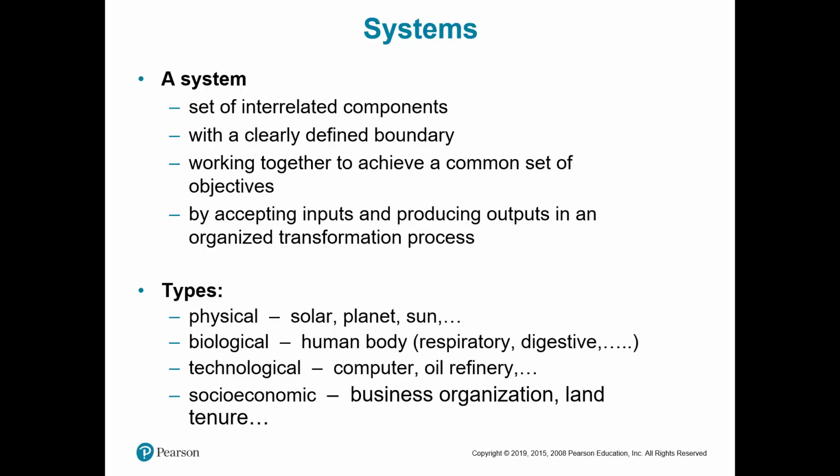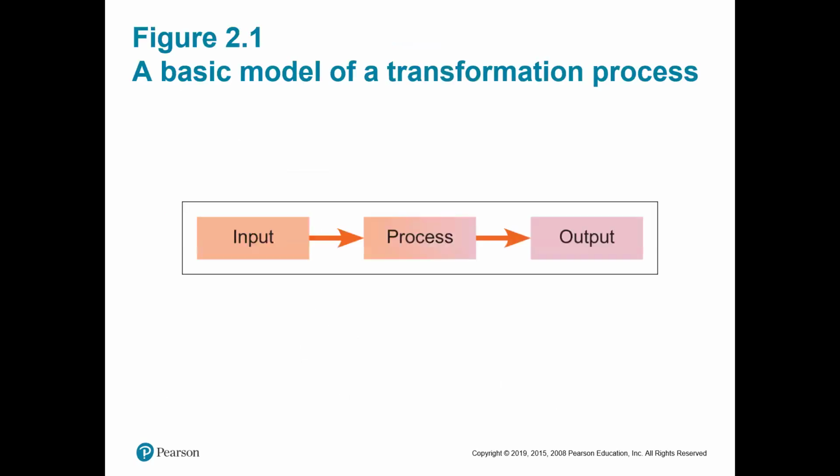Biological systems like the human body, the digestive system, respiratory system, and all those systems. Technological systems, computing systems or computer systems, oil refinery systems, and all that. Socio-economic systems like the business organization, the land tenure. These are all systems that are able to work towards a collective goal or to achieve a common goal.